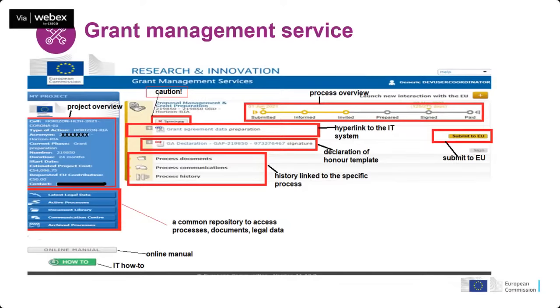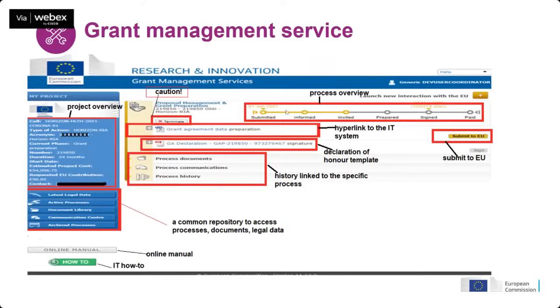So you could have one or more projects. On the left side here, we have basic information about your project, the duration, the type of action. Here, you can always access either archive processes, the latest legal data of your organization. You can have a communication.